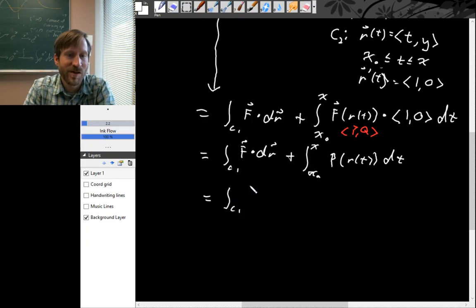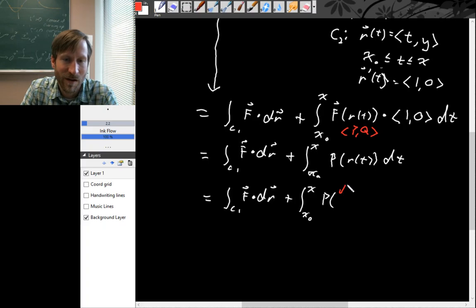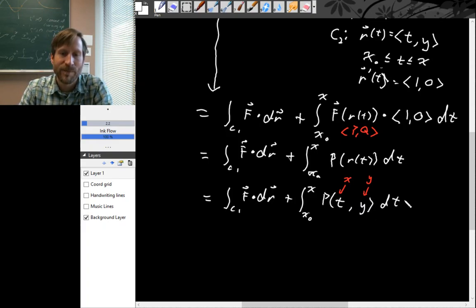So the integral across C1 of f dot dr plus the integral from x naught to x of p of, and for this curve r of t, we would put x right here, but our parametric curve tells us that x is really just t, and we would put y right here, and our parametric curve tells us that y is just y, dt. All right, and remember this is all f of x comma y.